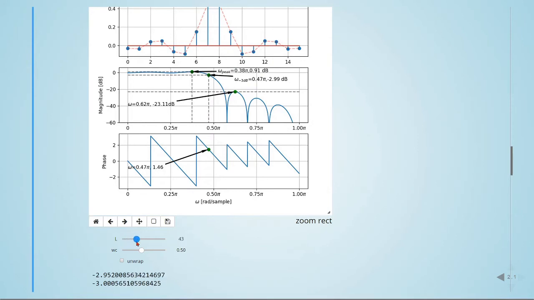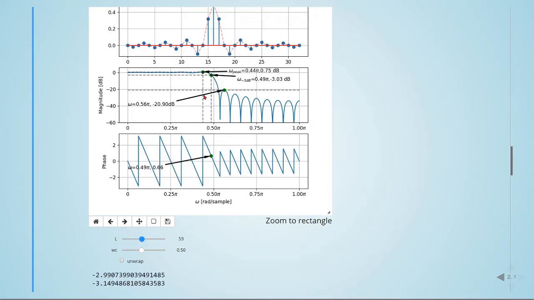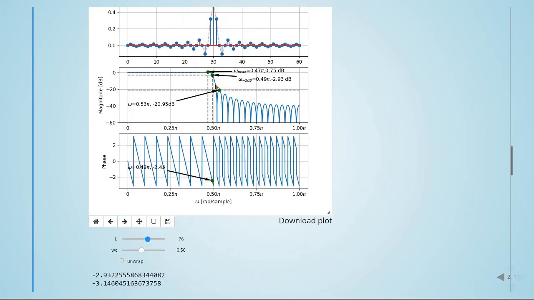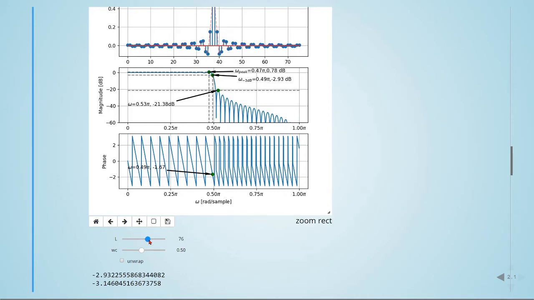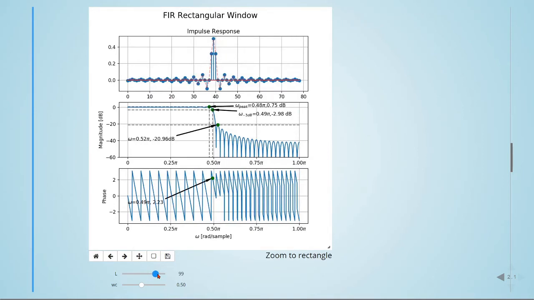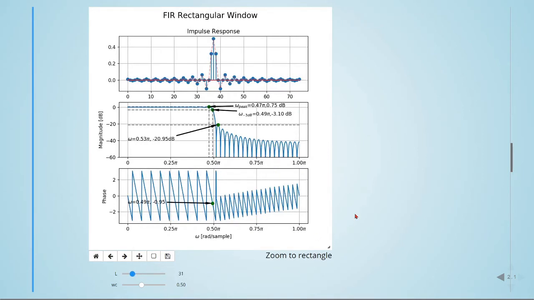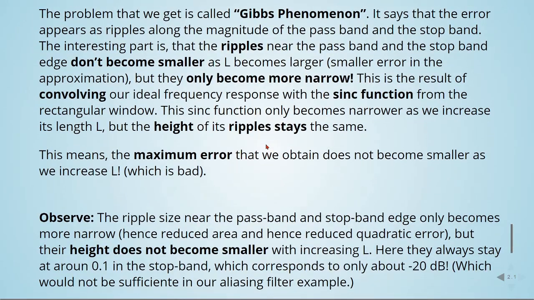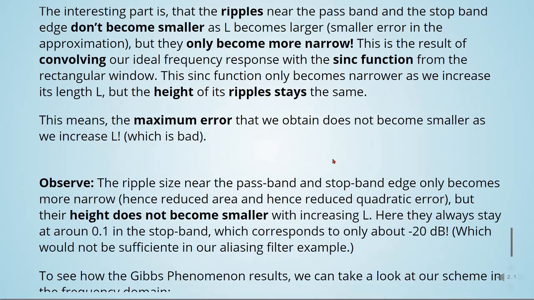If we increase L, we see it's becoming narrower, but we don't see a significant change in the height of the ripples. This means that the maximum error that we obtain does not become smaller as we increase L.